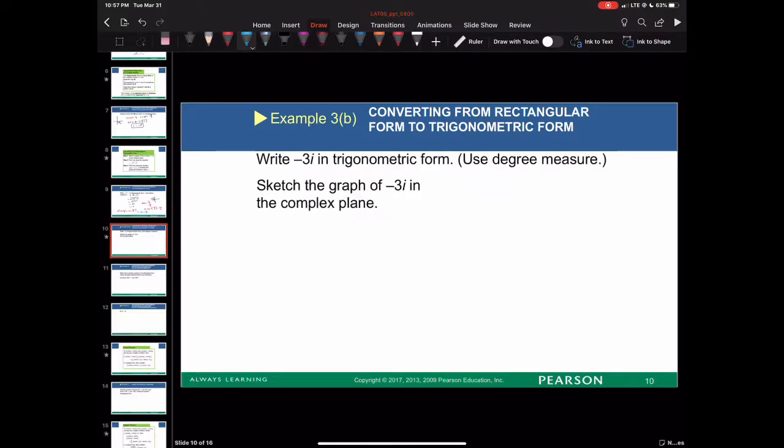So let's go to our next example. So let's look at this. Negative 3i. So therefore, if it's negative 3i, that means we have 0, negative 3. So if we were to draw x and y, all right.